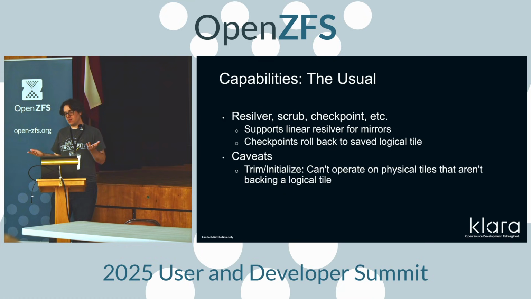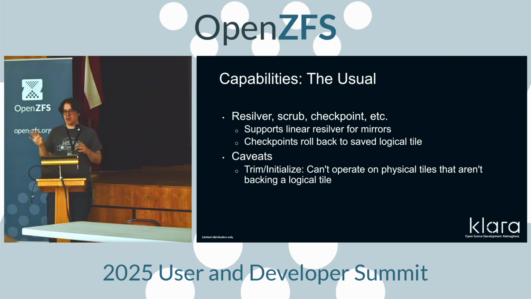In practice, that isn't that huge of a concern, right? Trim is mostly used for secure erase or other things like that. And there you're mostly going to care about doing that to things that you've already allocated as part of the pool. So any space that you've already written as part of the pool, trim will happily go and write all of that. Anything you haven't written yet, trim won't deal with, but you can clear that before you add it to the AnyRAID VDEV, hopefully.